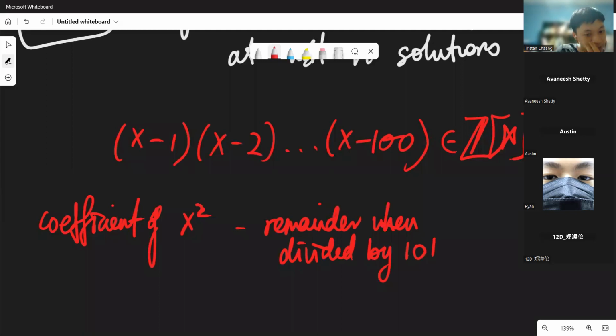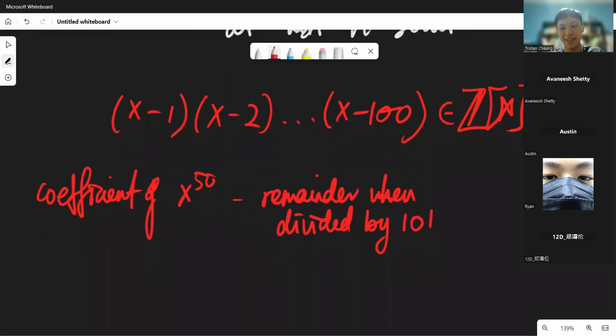In fact, let's complicate this even more. Let's say the coefficient of x to the 50. That's even worse than x squared because you want 100 choose 50. I think no one would really go and find a general form for that. I mean, it's theoretically possible, but I don't think anyone would take the time to do that.